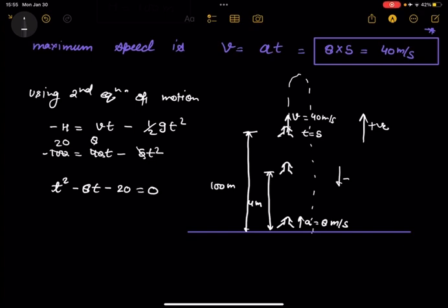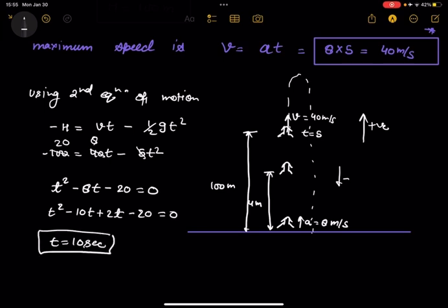Writing it as t square minus 10t plus 2t minus 20 equal to 0, the t value is 10 seconds. So 10 seconds it will take to reach the ground from here.